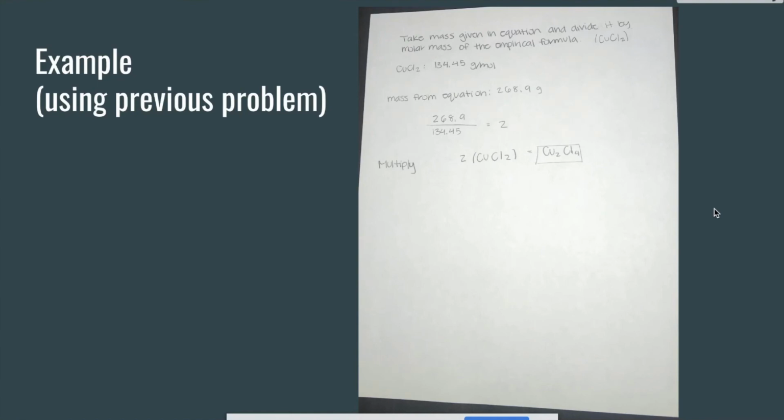So you divide 268.9 by 134.45, and you get 2. Next, you multiply the entire empirical formula CuCl2 by 2 and end up getting Cu2Cl4, which is the molecular formula.